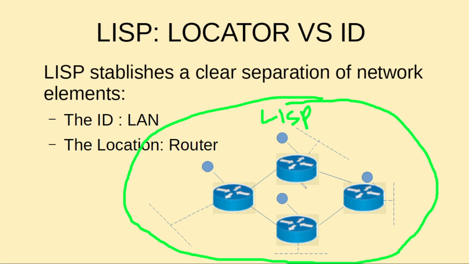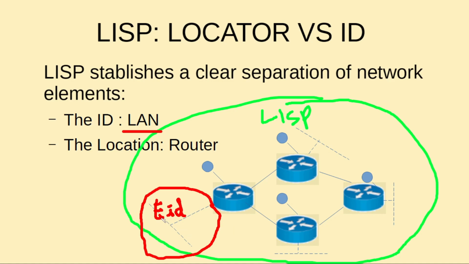So in order to explain this in a simpler manner, just think of the IDs as the local area networks. So this could be an ID. More specifically, LISP calls these endpoint IDs, because endpoint IDs can be as large as local area networks or as small as a single user device.